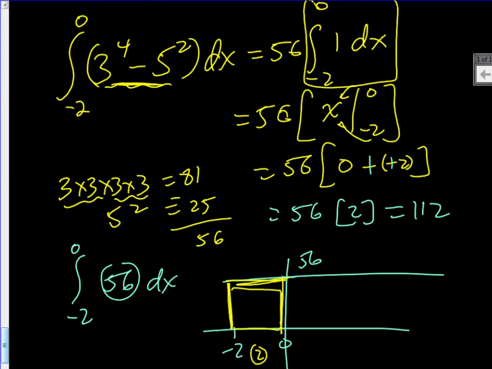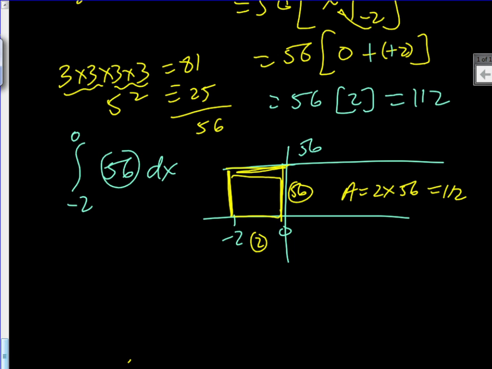The base is 2. The height is 56. The area of that rectangle is 2 times 56, or 112. So we didn't even need any calculus to do this, since this was a constant. Even if it were linear, we can do it, because a linear function would give us a triangle or maybe a trapezoid, and we don't need calculus to find the area of a trapezoid.